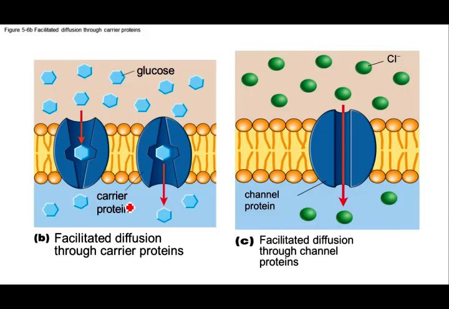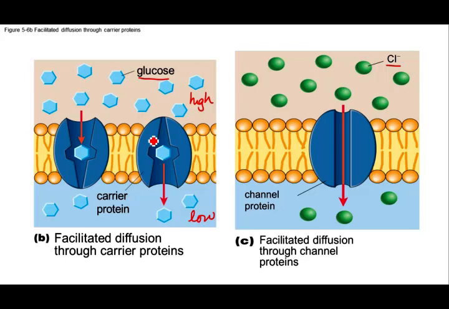So here are two examples of substances that would not be able to cross the cell membrane on their own. Glucose is polar, and chloride ions are charged, so they're going to be repelled by that hydrophobic inner layer, and yet they're moving from a high concentration to a low concentration. So they can still move down their concentration gradient, they just need some kind of helper.